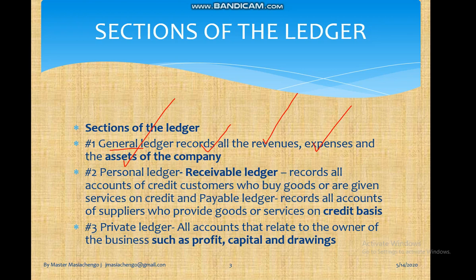In the personal ledger, we said there are two, and we move on to the personal ledger. We have got the receivable ledger. It records all the credit customers. Receivables, these we used to call debtors. They are now called receivables nowadays, or in simple terms we can call them credit customers.